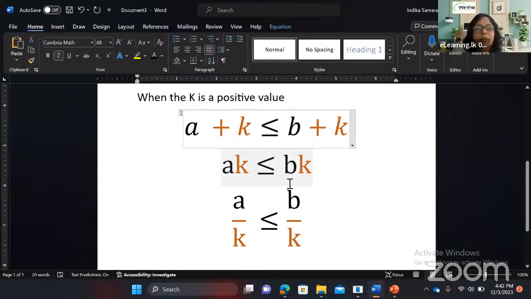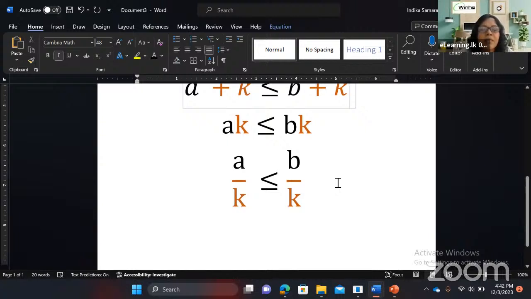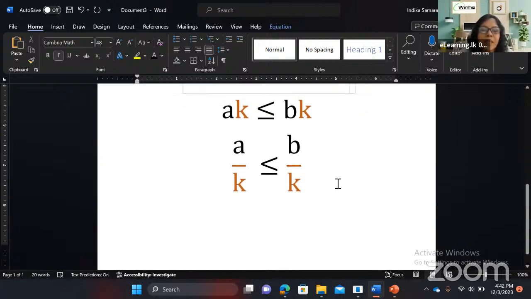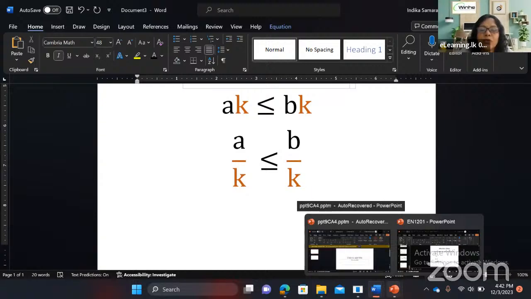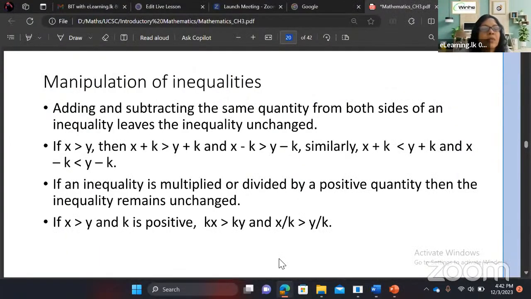I am talking about doing the same operation with the same value on both sides, which will not change the inequality sign. Right? Here you can see, whatever the inequality sign, it will not change. Right?